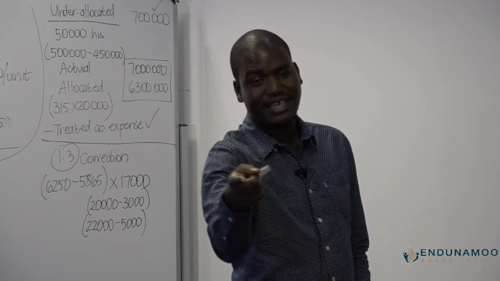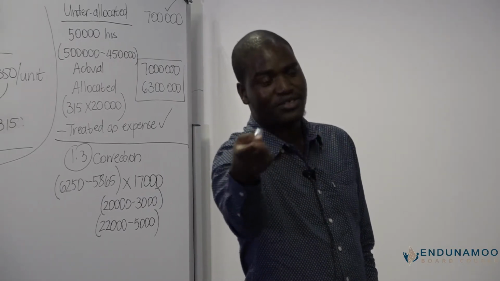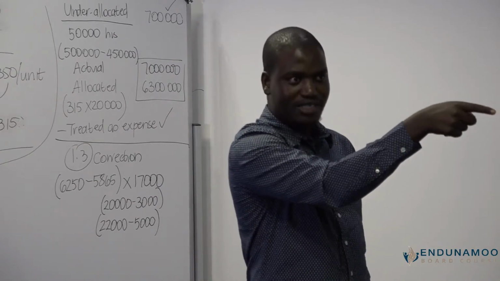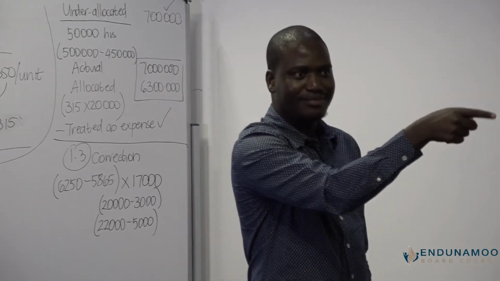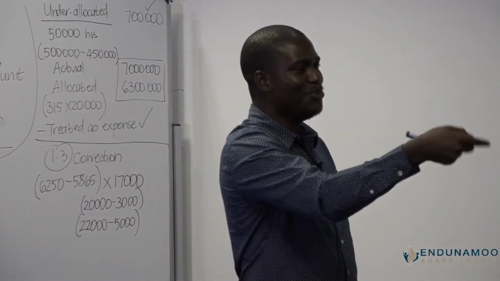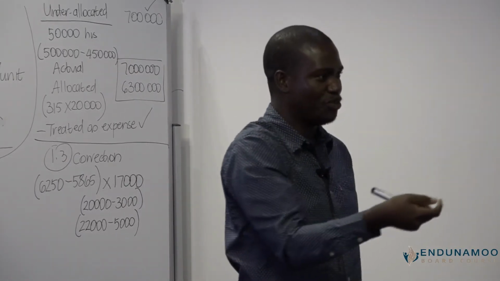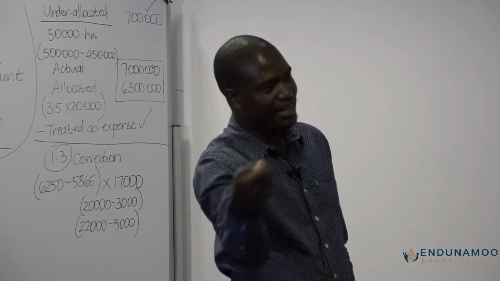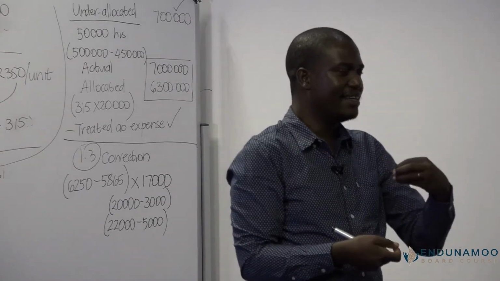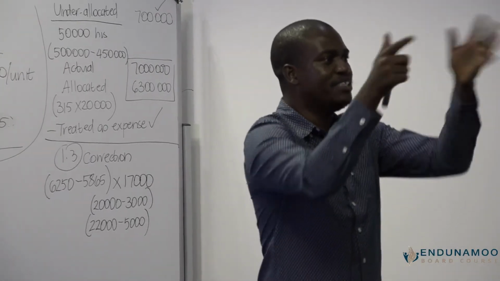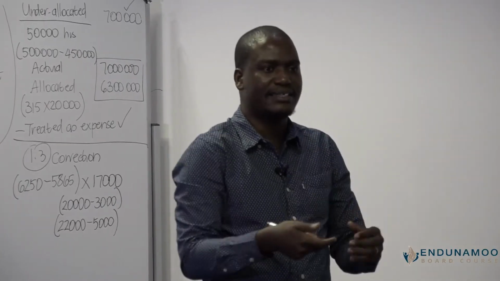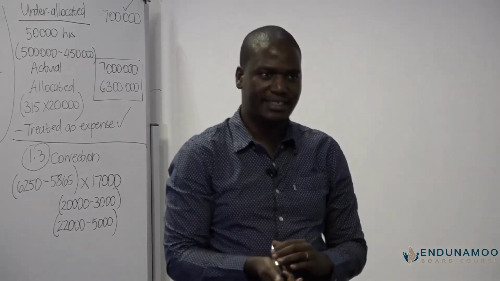No. The standard says if you don't have the observable standalone selling price, you need to use what? Go to your standard case. You need to use the cost plus margin approach. So it is actually the second approach. But you need to clearly state that this is not the observable price, but it is actually their cost plus a standard margin that they charge.